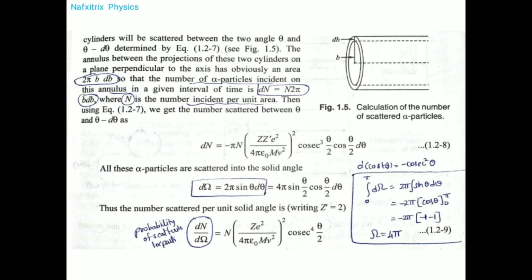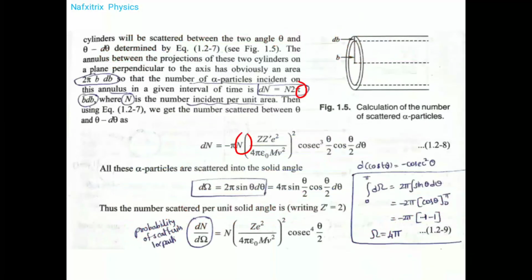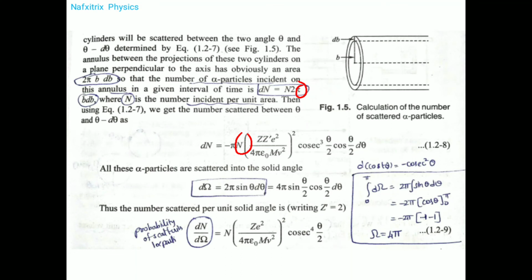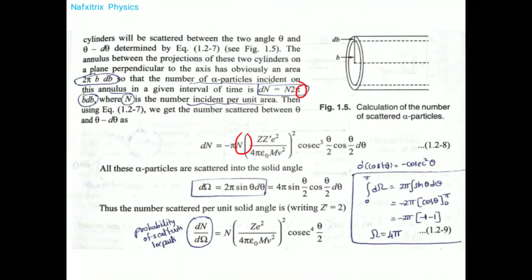So finally n would remain as usual, 2 pi would remain as usual, and b db we need to find out. b is nothing but this, we just need to place here Z' e squared by m v square cot theta by 2. And we differentiate to get db, because in the formula it is 2 pi b db.